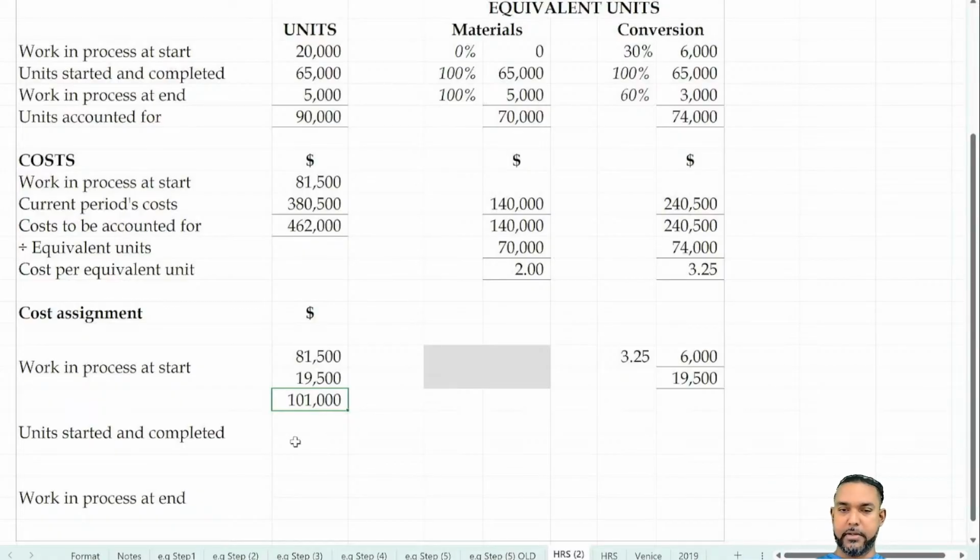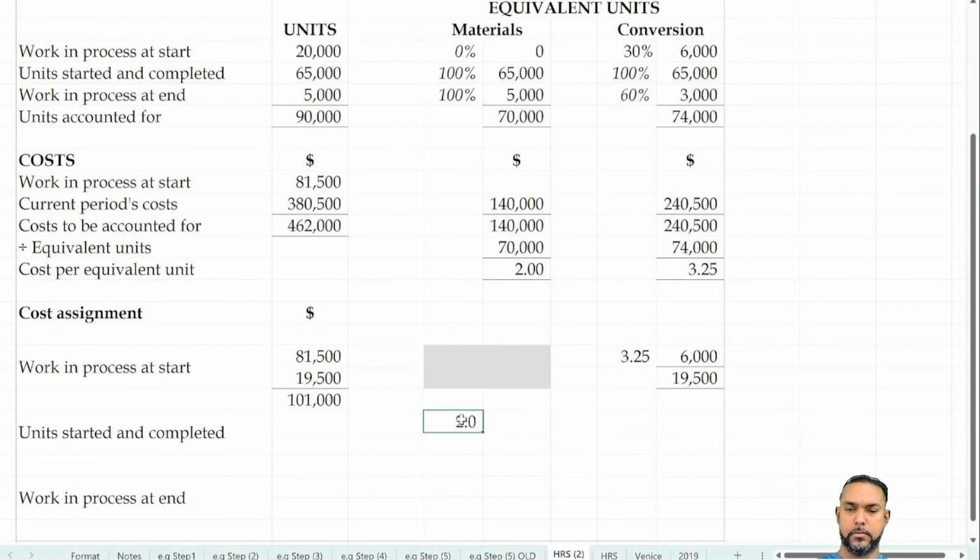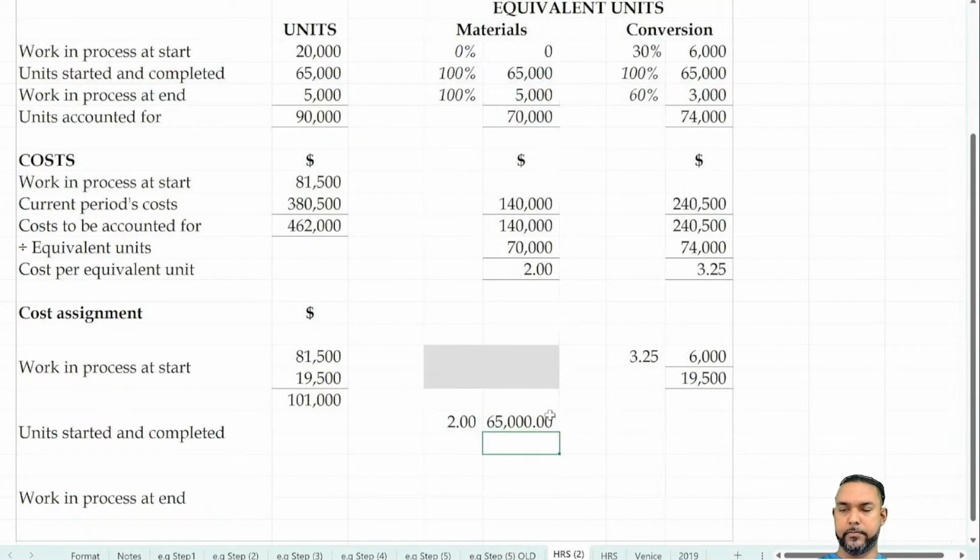Okay, let's put that in. The cost per equivalent unit for materials is that, so 65, okay, cool.